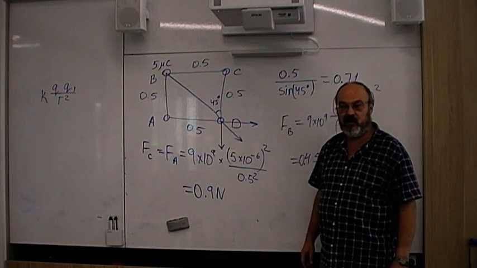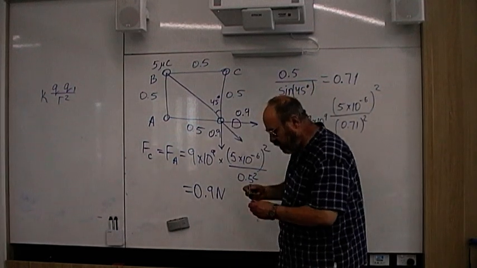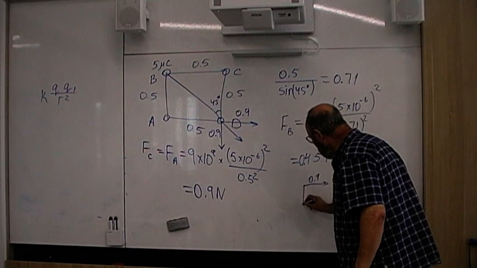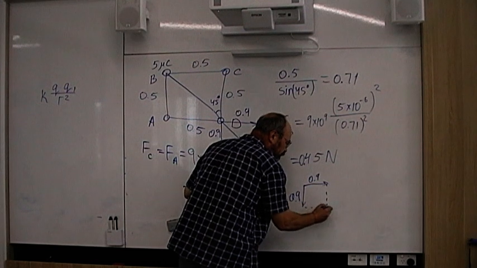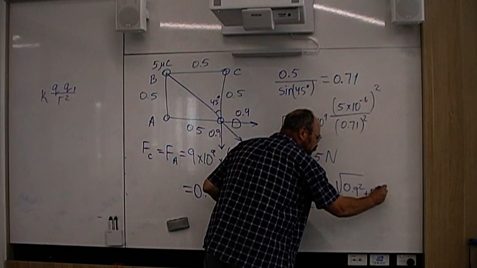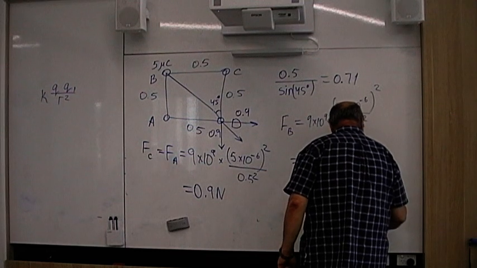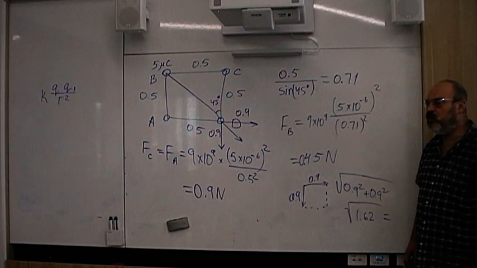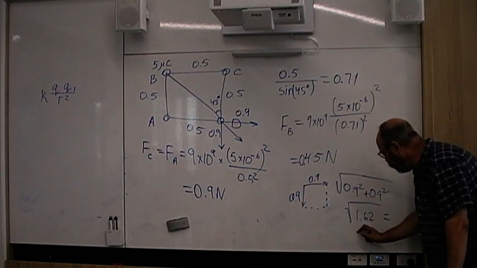We can find it using Pythagoras. If we have 0.9 this way and 0.9 this way, the resultant is the square root of 0.9 squared plus 0.9 squared. So we get the square root of 1.62, which is 1.27.